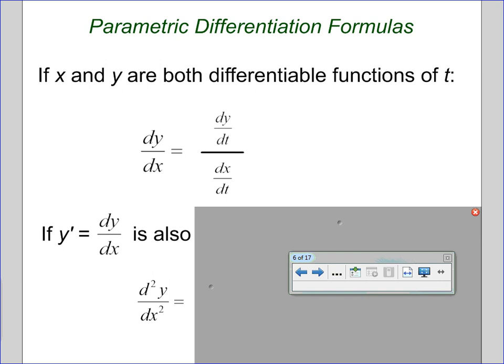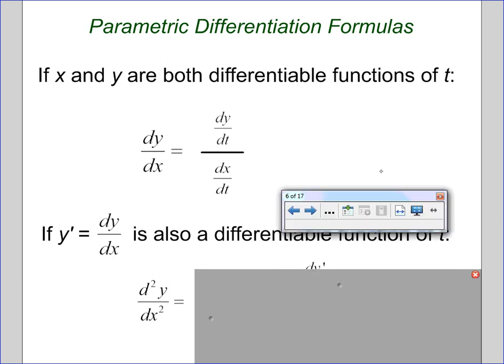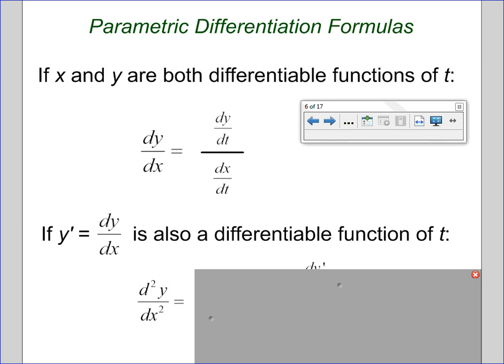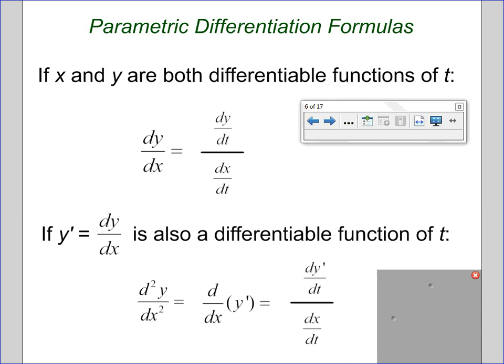Okay, then what's a little bit trickier is because we have that third parameter and we're differentiating with respect to time, if y prime is my dy dx, in order to get my second derivative, if dy dx is also a differentiable function of t, so I've got t's in it, applying the chain rule will then produce our expression for the second derivative of y with respect to x.